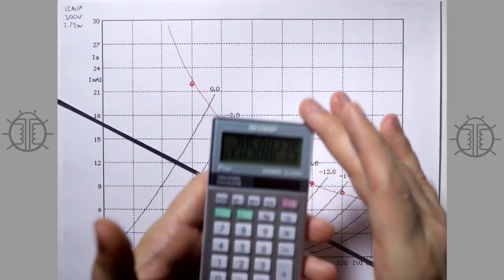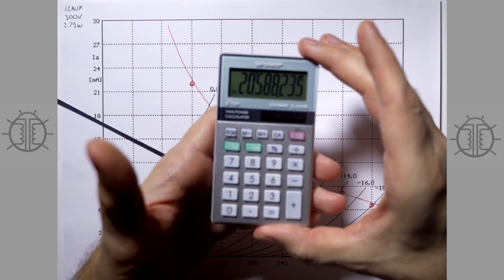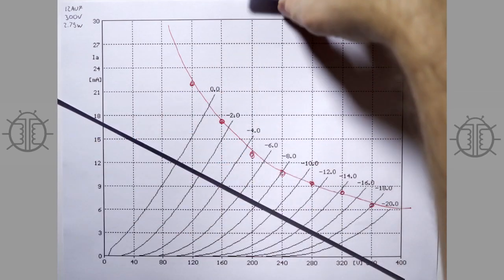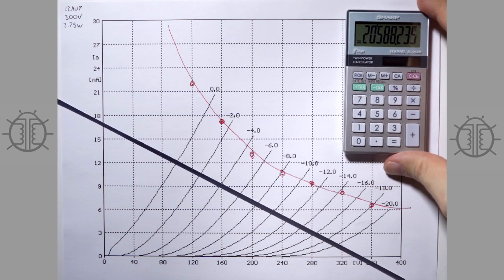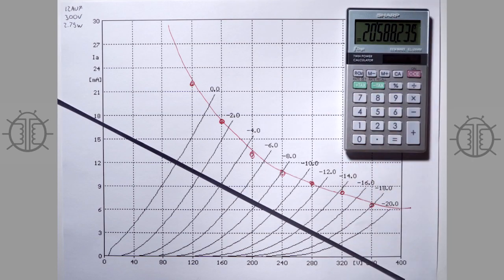All right, and so you can see we've come up with a load line that represents 20K. Now the cool thing about this, that's a pretty typical load for a 12AU7, a 20K load resistor. So you can see why somebody would use that.